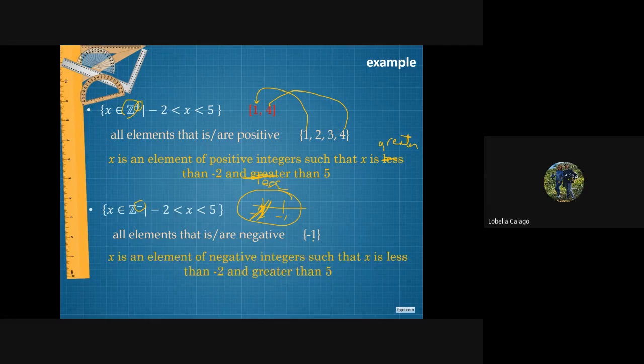Pagbasa niyan, x is an element of negative integers such that x is greater than -2 and less than 5. So meron tayong ganito din, no? Ano to?